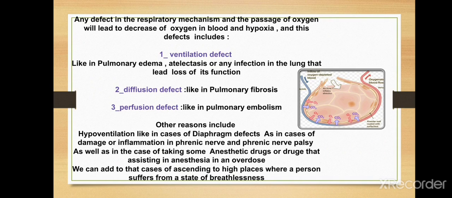Other reasons include hypoventilation, like in cases of diaphragm defects, as in cases of damage or inflammation in the phrenic nerve and phrenic nerve palsy, as well as the cases of taking some anesthetic drugs or drugs assisting in anesthesia in overdose. We can add to these cases of ascending to high places where a person suffers from a state of breathlessness.